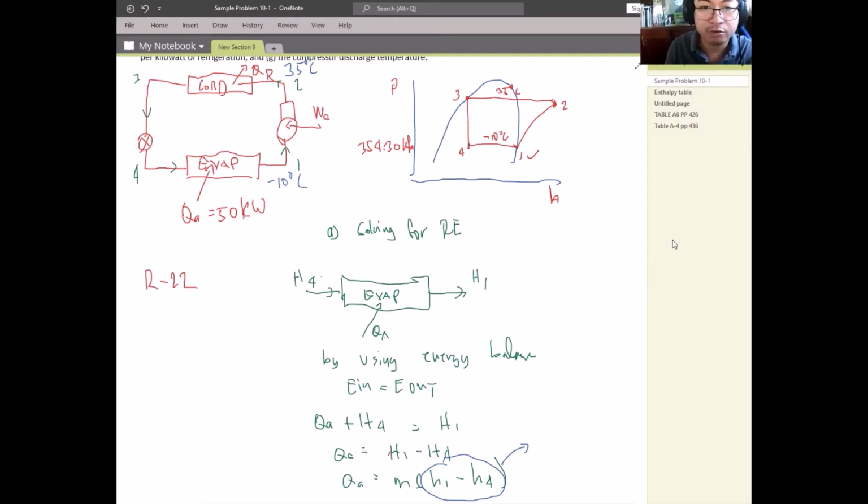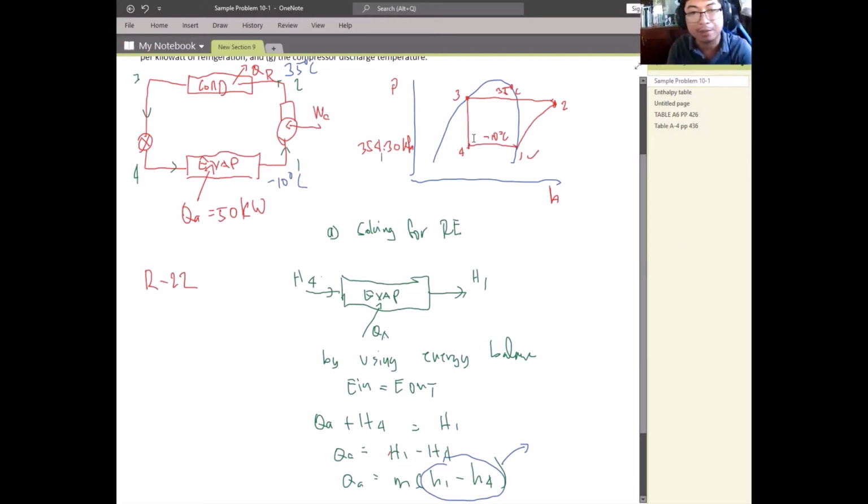We already know H3 and H4 is constant enthalpy process. So we can easily find H3 because H3 is HF of 35 degrees Celsius saturated liquid of R22.